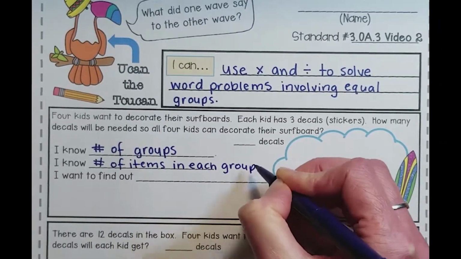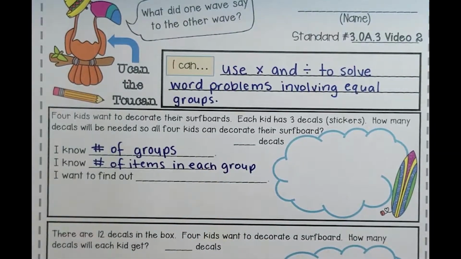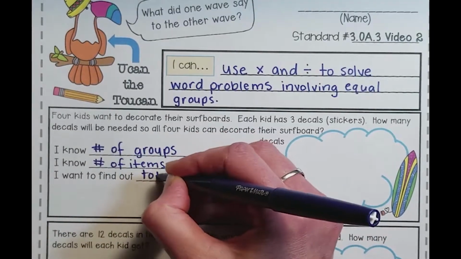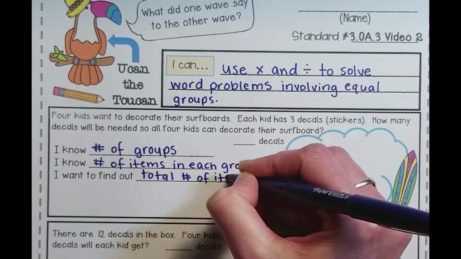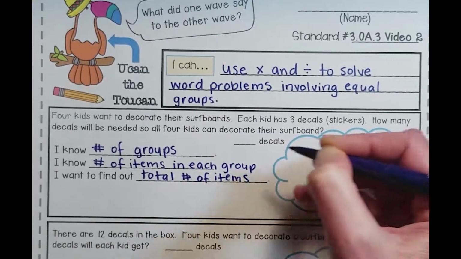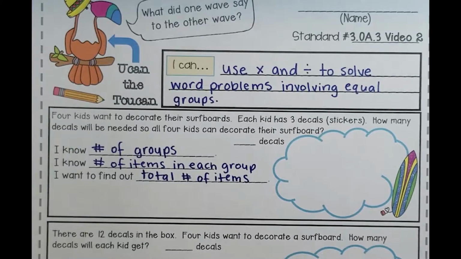There's going to be 3 decals in each group or for each kid. What do you want to find out? Well, you want to know the total number of items. You want to know how many decals you're going to need all together.